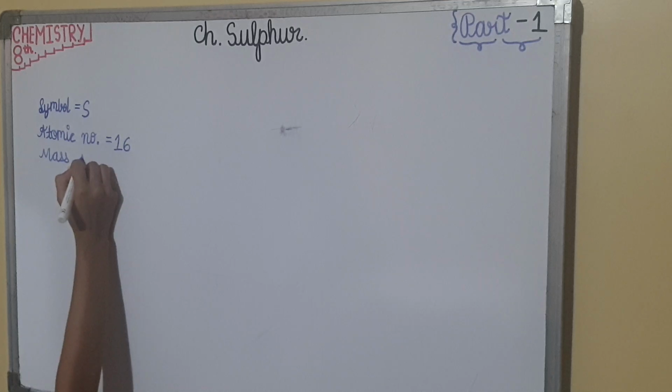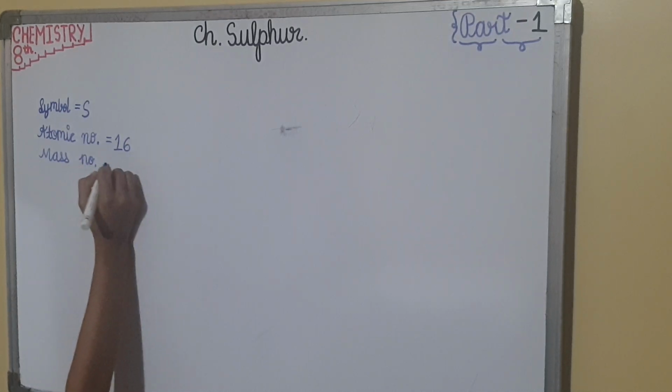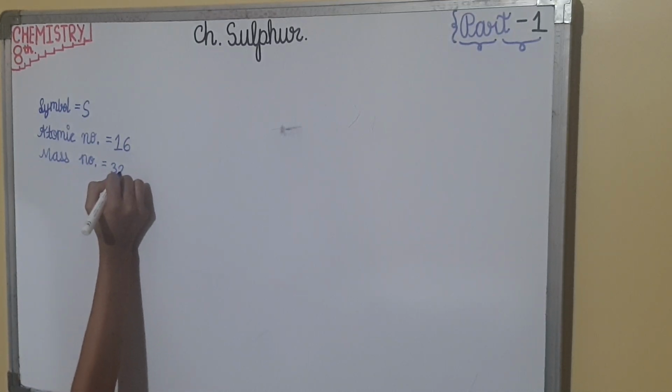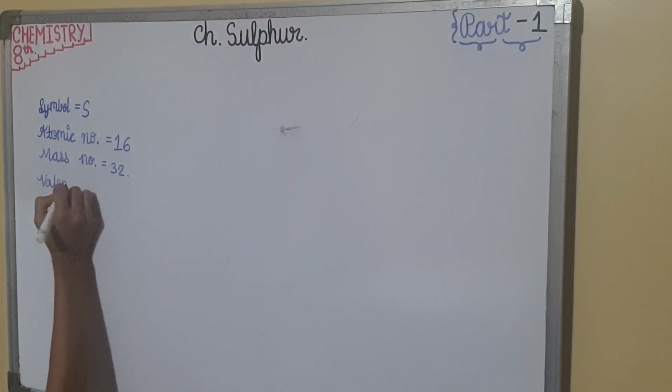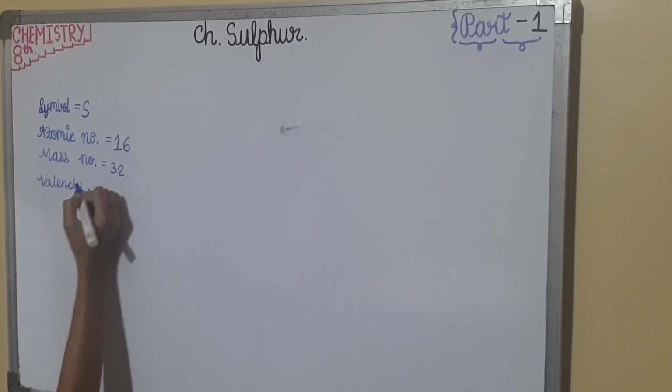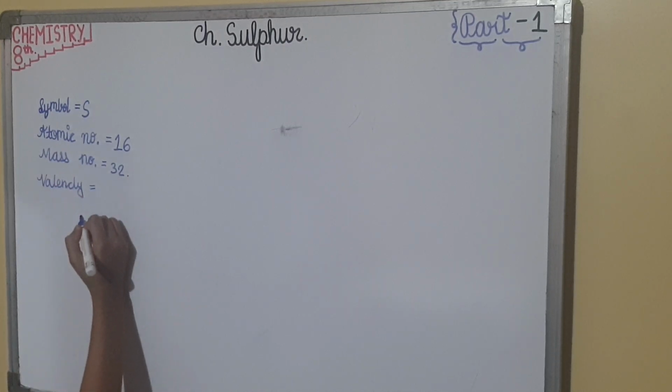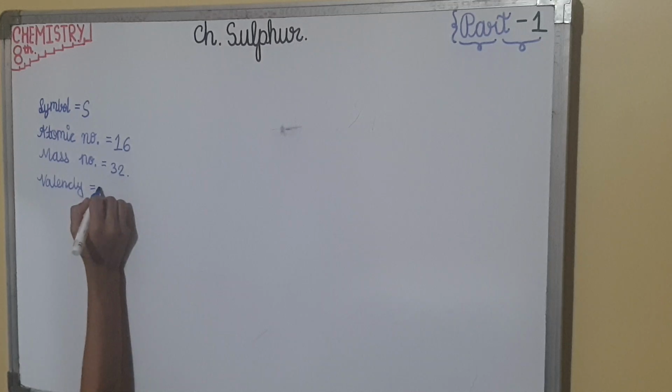Mass number is 32. Valency of sulfur is 2.